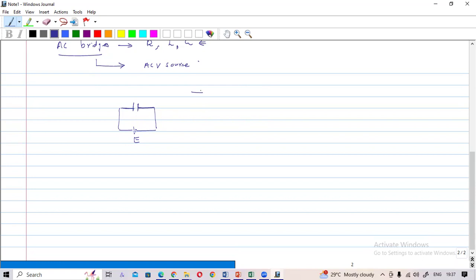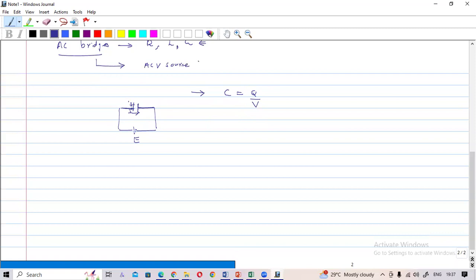We know that capacitance is defined as C equals Q divided by V, where V is the voltage across the capacitor and Q is the charge.